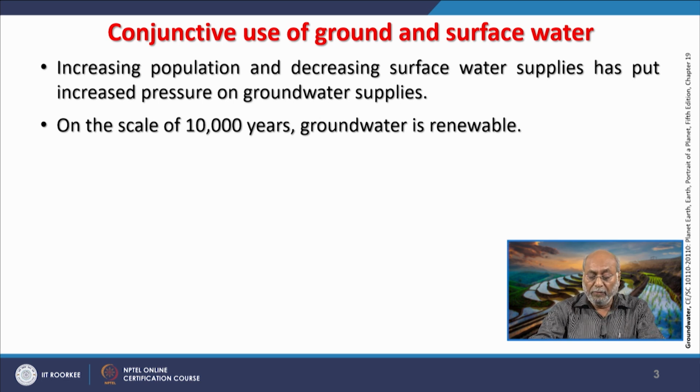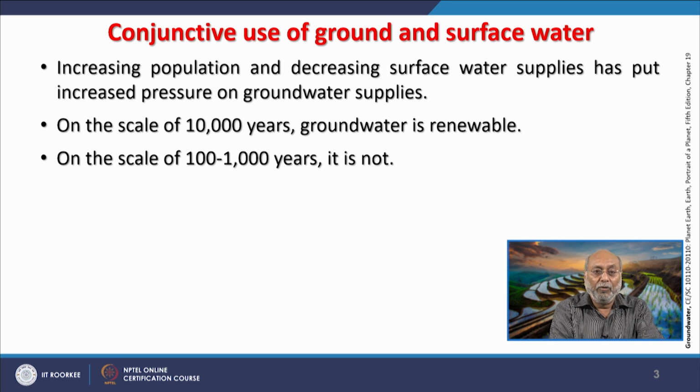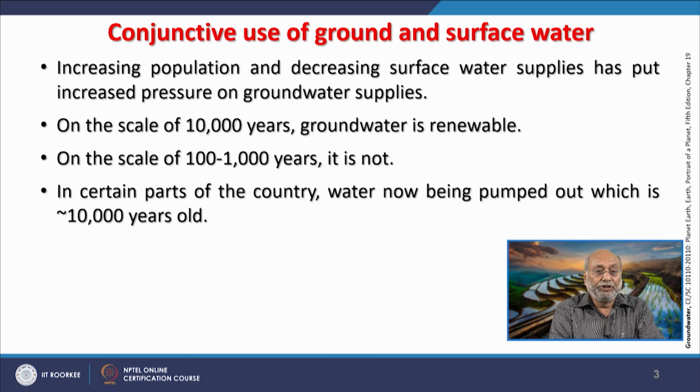So, if we look from a time frame, then at the scale of 10,000 years, the groundwater is renewable. So, in that scale it is fine, but on the scale of 100 to 1000 years, it is not. So, it is not renewable in that sense, and that is the real problem or challenge.